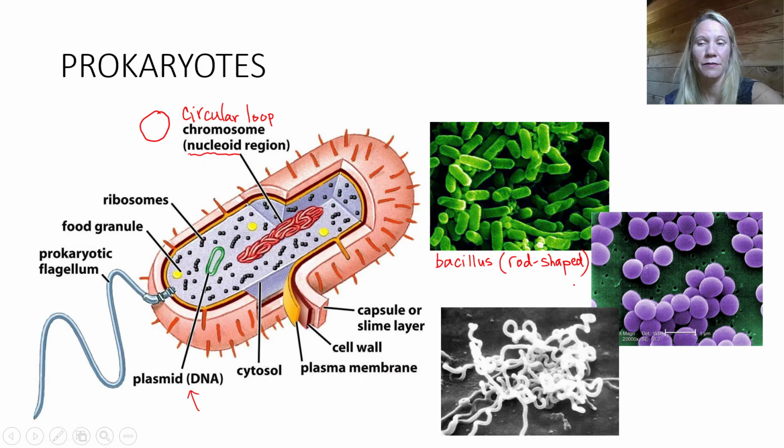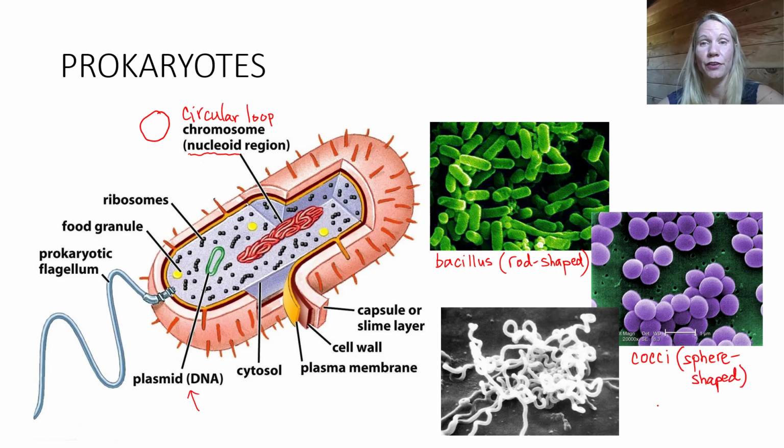Other bacteria have sort of a ball shape or a spherical shape. Like you see, these look like a cluster of purple grapes. This shape is called cocci. Okay, so it's a sphere. And the third shape is a spiral shape.